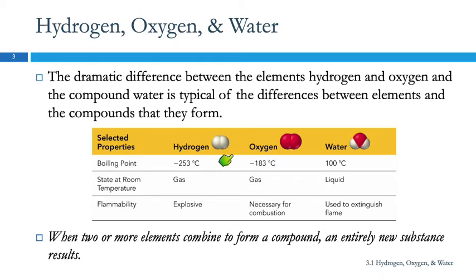But you take these two gases and combine them to form water, and now we get a liquid at room temperature with a boiling point of 100 degrees Celsius. And not only is this not flammable, it's commonly used to extinguish flames. So when we have elements combining to form a compound, we've got an entirely new substance.